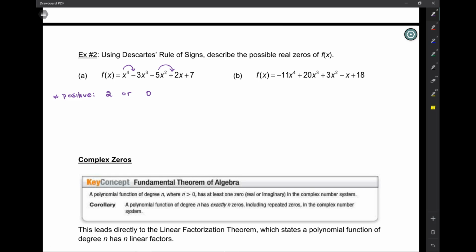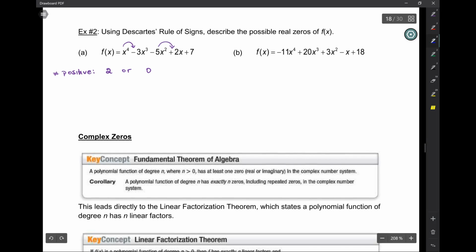Okay. Now, for the number of negative ones, we want f of negative x. That means what we're going to do is we're going to make all of the x's negative. You know the shortcut? I'm only going to write it in this much detail one time, then we're never going to do it anymore. So do you see what I did? Now, what's this going to be, the first term?